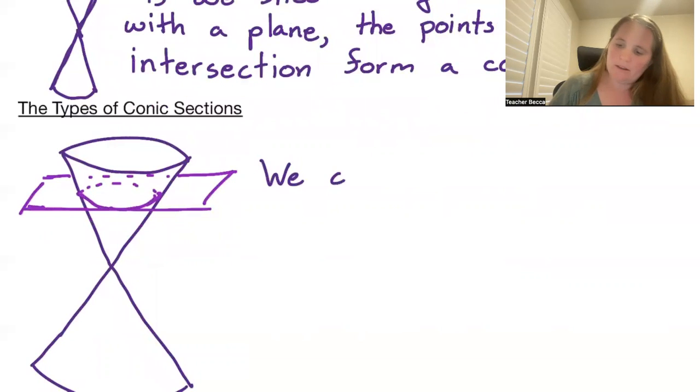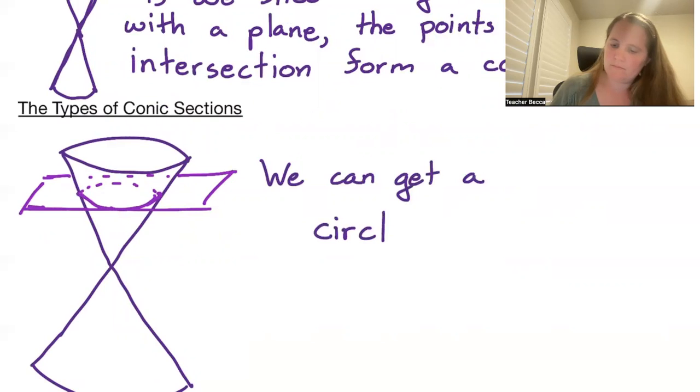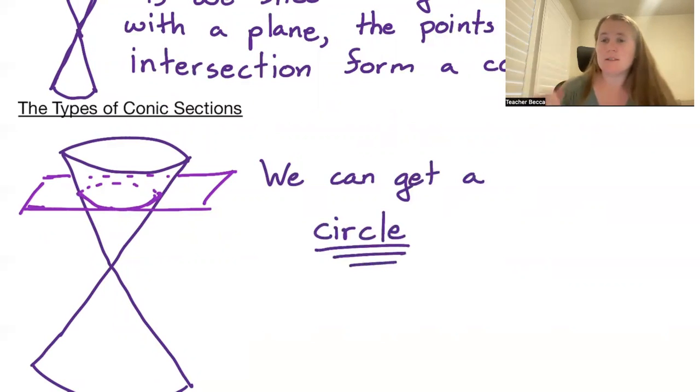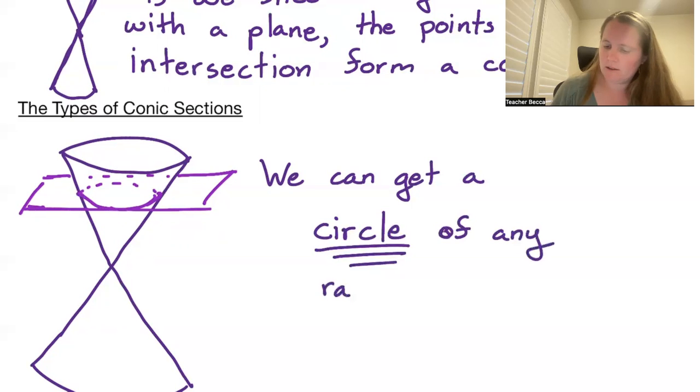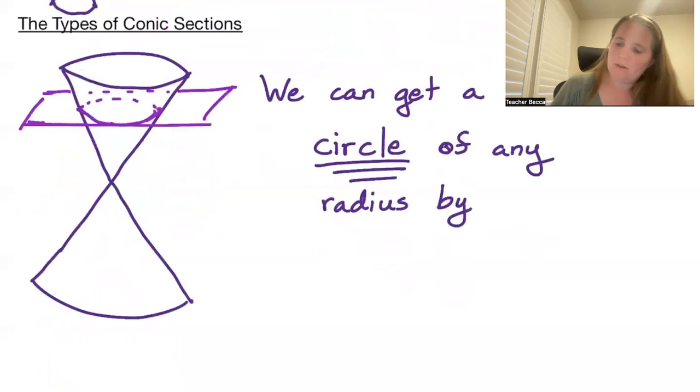We can get a circle of any radius if we raise or lower that horizontal plane.